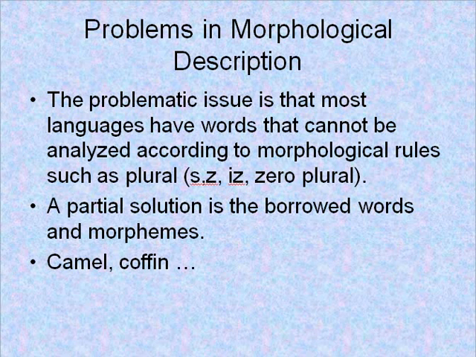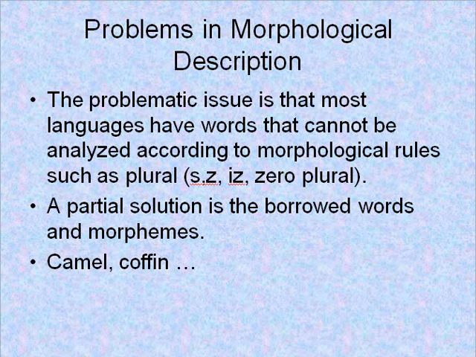Why? Because of different processes of the words where a language takes or receives words from. The best example is the borrowed words and morphemes. For example, camel, which is the word taken from Arabic jamal, and kafan from the Arabic as well.